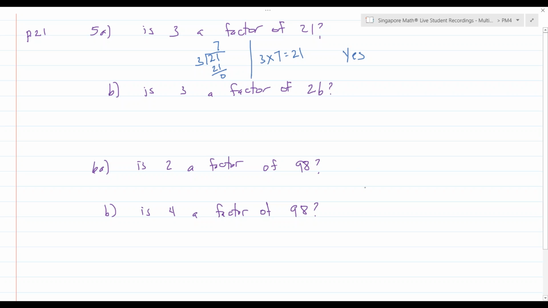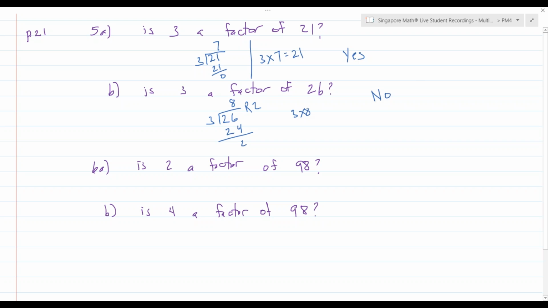What about part B? Is 3 a factor of 26? Well, if we did that division problem, the closest I can get to 26 is 8. 8 times 3 is 24. When I subtract, I get 2. So the answer to that division problem is 8, remainder 2. That tells us, since there's a remainder, that it is not a factor.